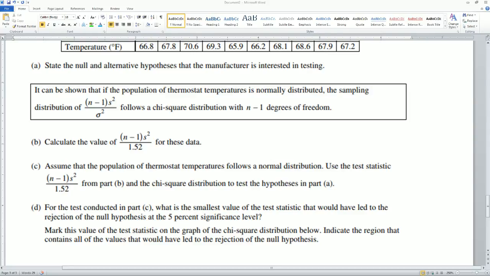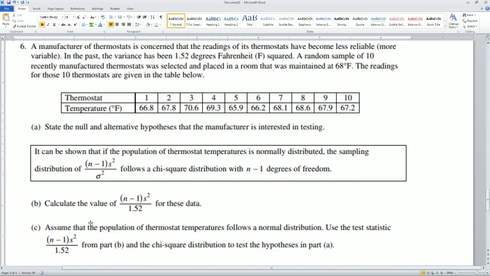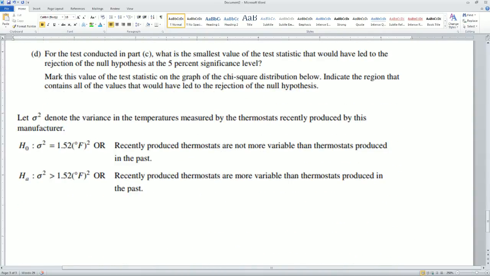Tell me when you got something. Part B is 12.0506.